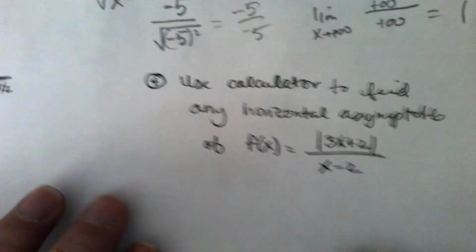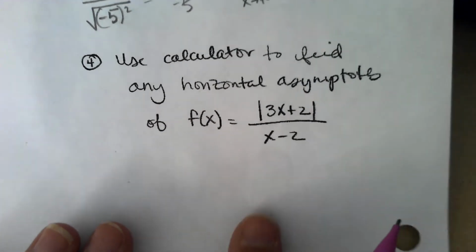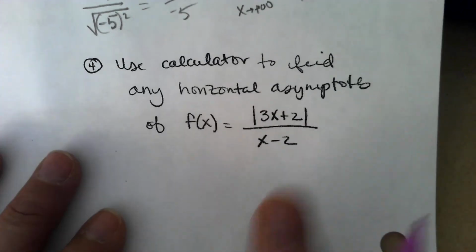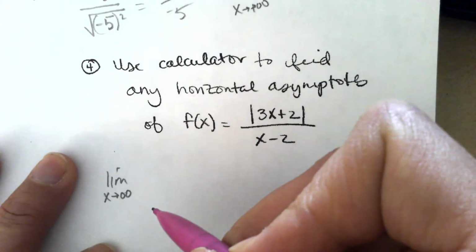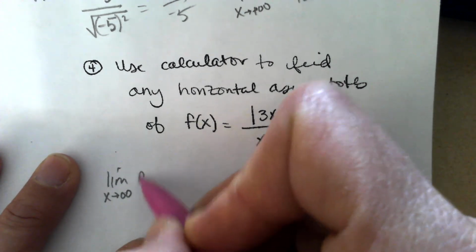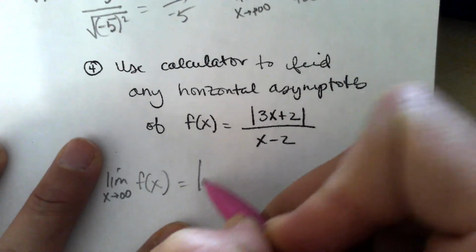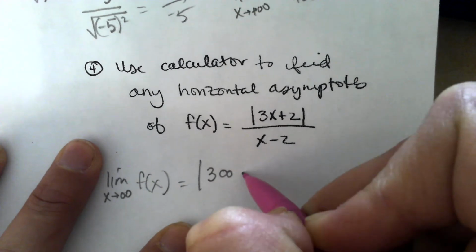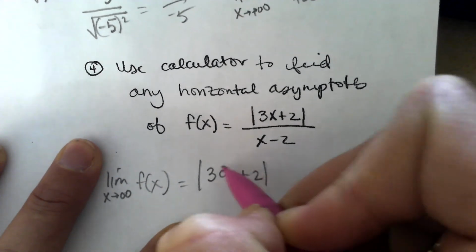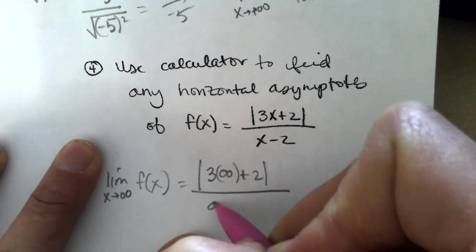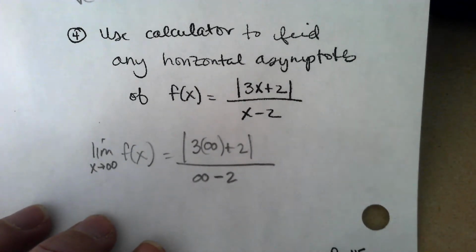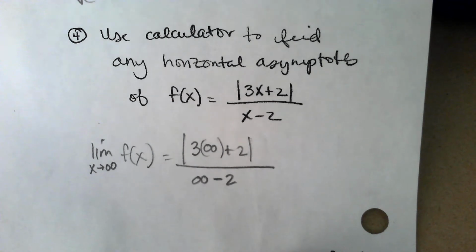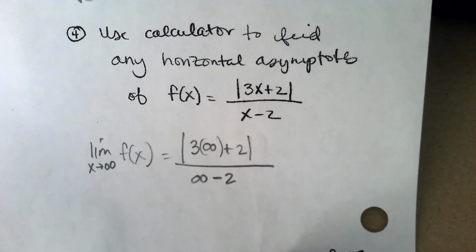3 will be pretty easy. I just want to talk about 4. We're not going to use our calculators right off the bat. I do want you to plug in infinity into f of x, and we will get the absolute value of 3 times infinity plus 2 over infinity minus 2. The plus 2 and the minus 2 are definitely negligible.